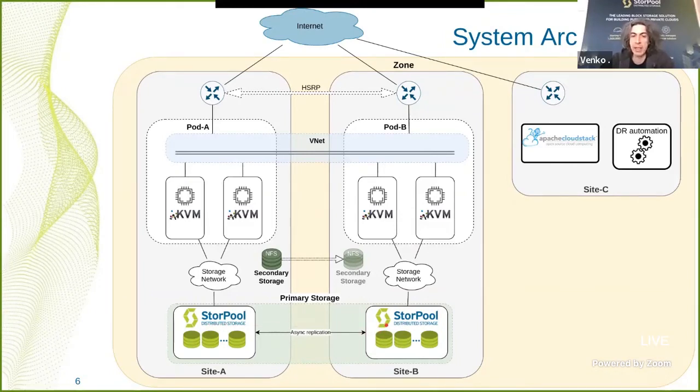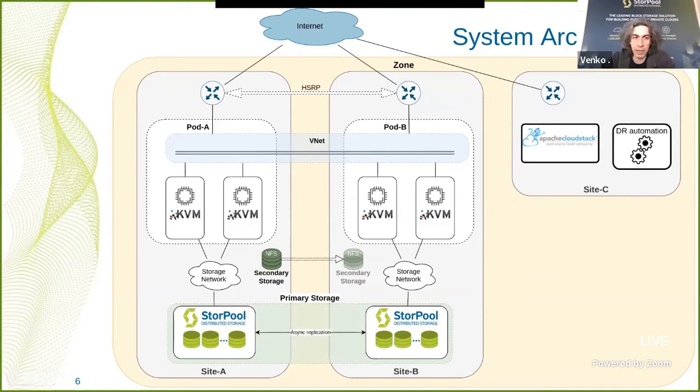So on the remote site, we have a recent snapshot of all the running VMs. And if the main site goes down, then we can immediately start a VM from the latest snapshot that is on the recovery side.